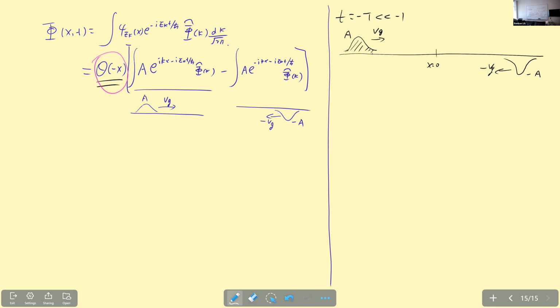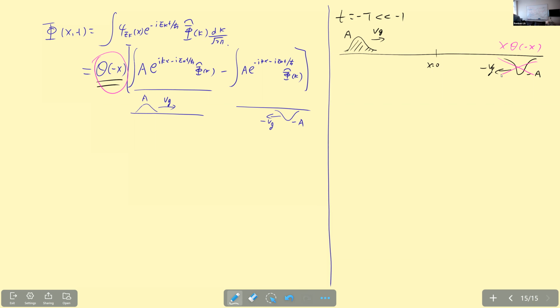If you multiply this one by theta(-x), it will be just 0. So basically you have something like a ghost moving from the right to the center, but the real wave packet with amplitude A is moving from left to right.